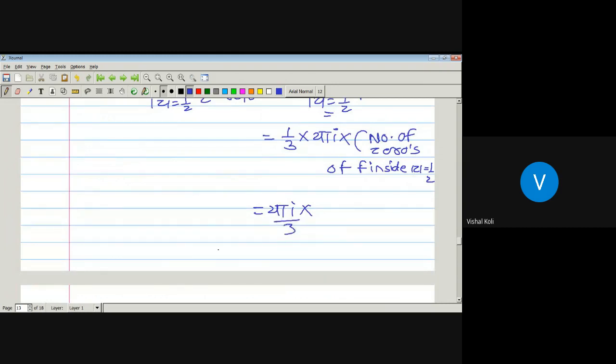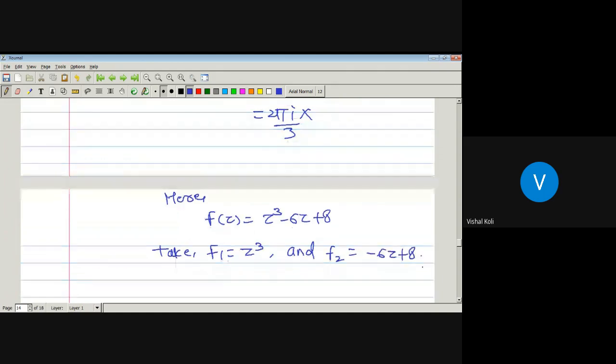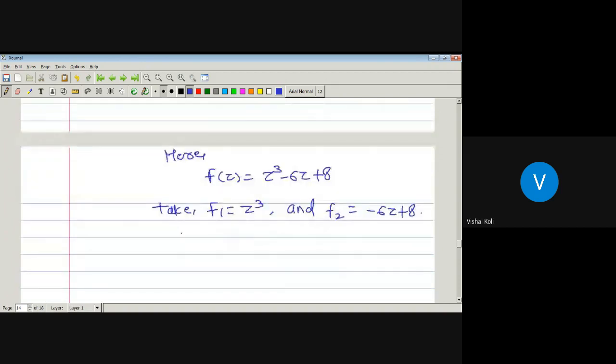Here f(z) is z³ − 6z + 8. Take f1 = z³ and f2 = −6z + 8, and find out their moduli, since here we have to use Rouché's theorem. The curve will be |z| = 1/2.